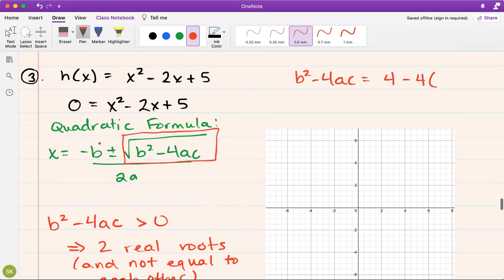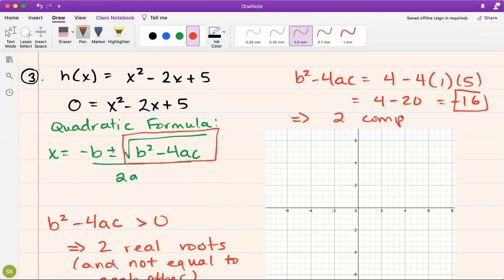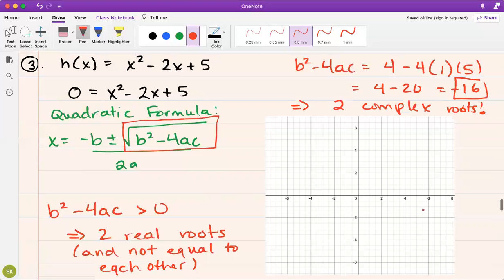Subtract 4 times a is 1, and c is 5. So we get 4 minus 20, which is negative 16. So we have a negative number, which tells us we're going to have two complex roots. Okay, and when we graph this, we know that it's not going to go through the x-axis.